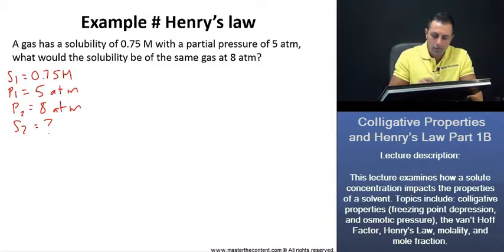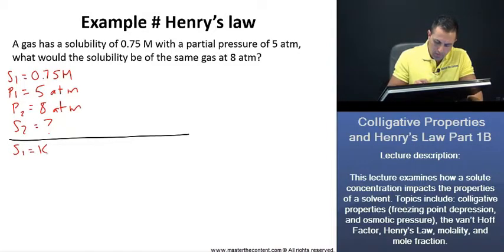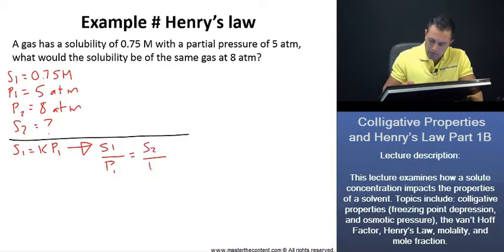Wonderful. Now this problem here is fairly simple. It just requires a little bit of equation manipulation. Beginning here with our equation that we just introduced to find the solubility, because our gas is going to be the same gas at 8 atmospheres, we can use the following equation, where we just take our solubility over the pressure, which is equal to the solubility at our second pressure.